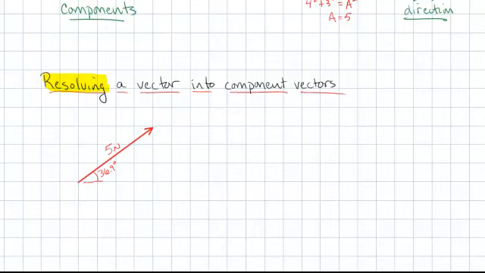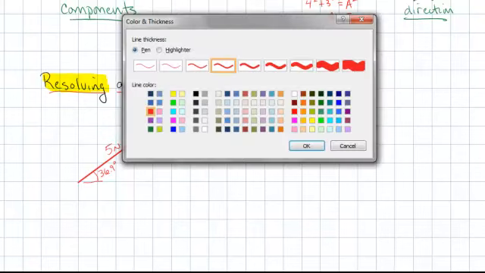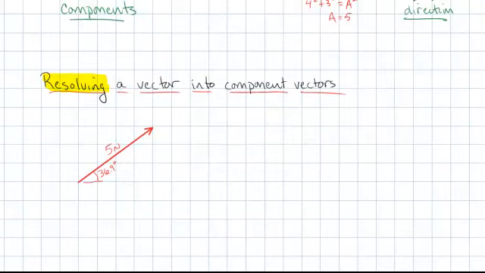So, in order to do this, I'm going to grab a rectangle and draw a rectangle. So it begins at the tail and ends at the head, where the sides are horizontal and vertical.